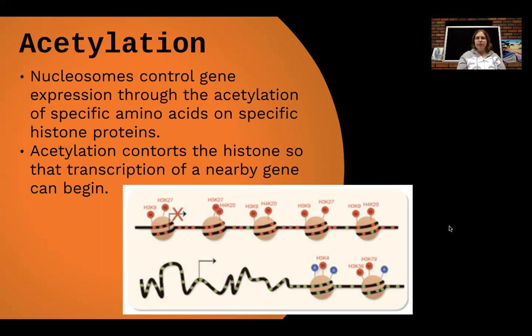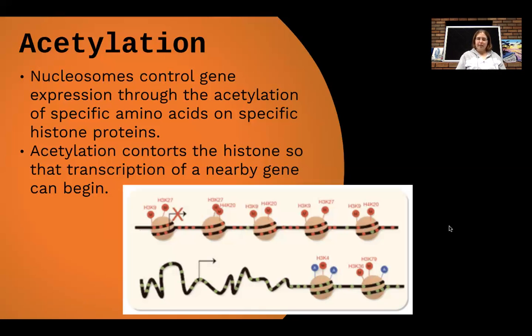And that's all because of how we bind this group to it. The binding of the acetyl group to the histone causes the histone to change shape. When it changes shape, it kind of loosens up the DNA. And now that the DNA is loosened up, the transcription factors can get in there and get to that gene and can now transcribe it.